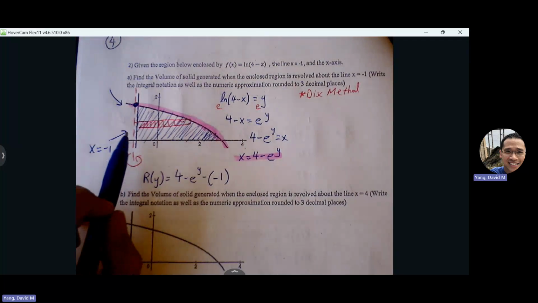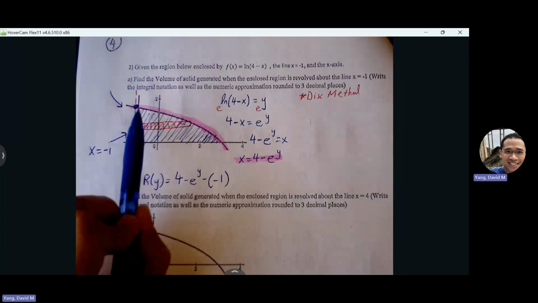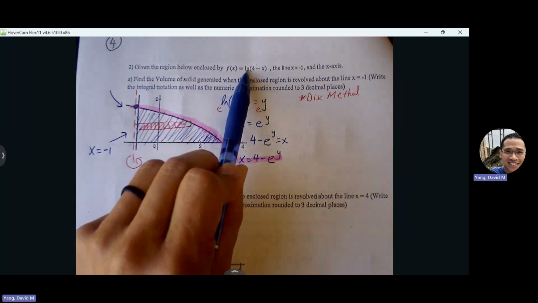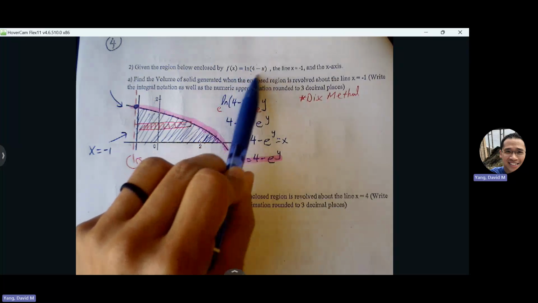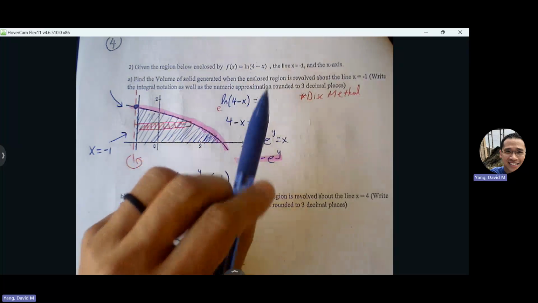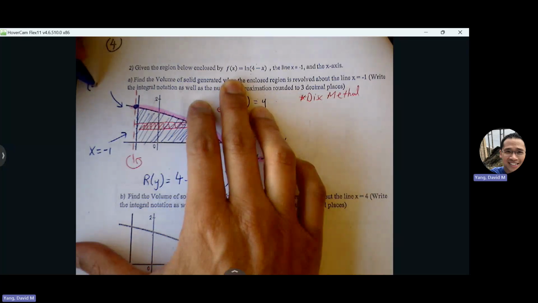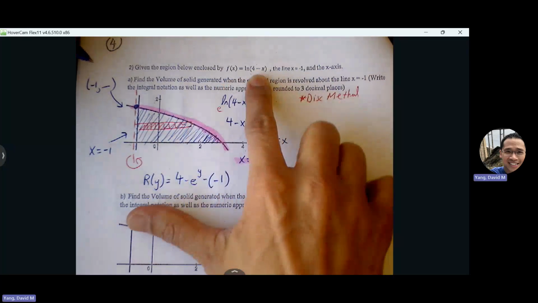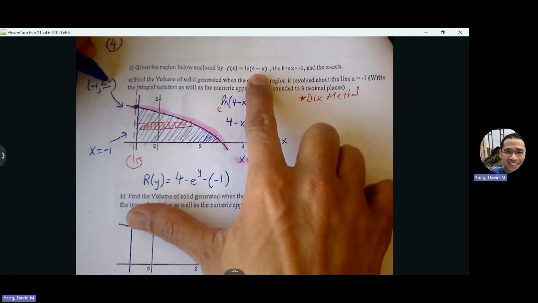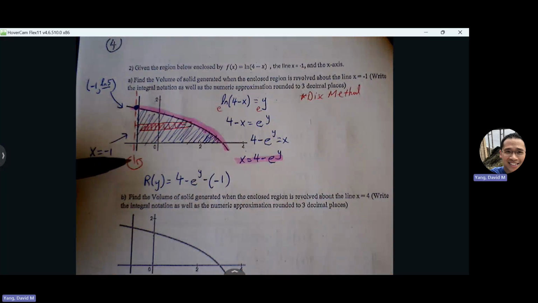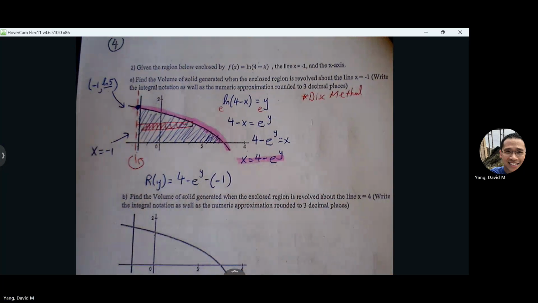So there's no need to do any messiness with your graph. You're just looking for that y value at that point. So just plug -1 into the function to get the y value, which will be the highest of the shaded region. Right, so if I plug -1 into the function, I get natural log of 5. So my bound is simply from 0 to natural log of 5. Or you can do a decimal version of that.